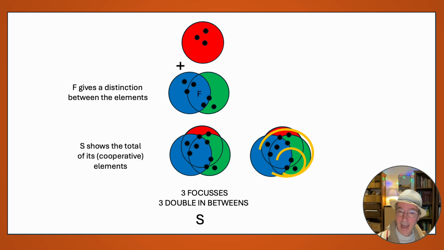The S will add even more context to that, because F can be rather vague about where we are or where it goes to. The S will show the totality of its full cooperation and its cooperative elements. It will show a certain dynamic, that there are a lot of elements in the move that are moving on.